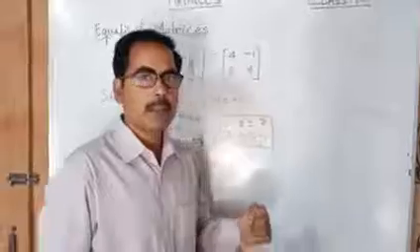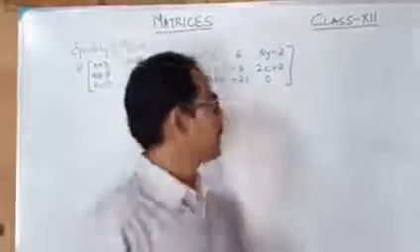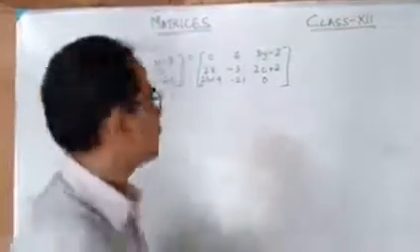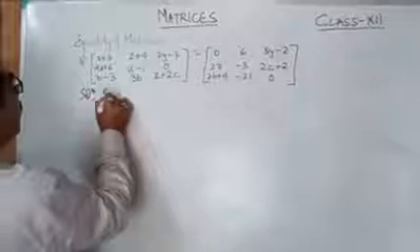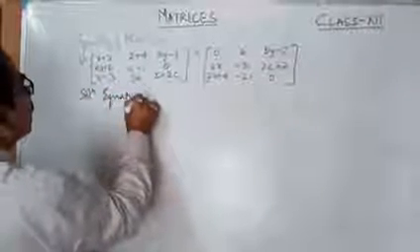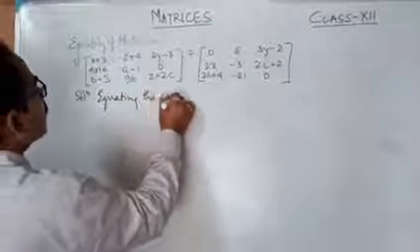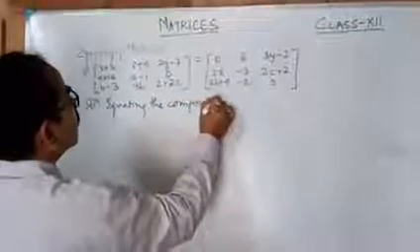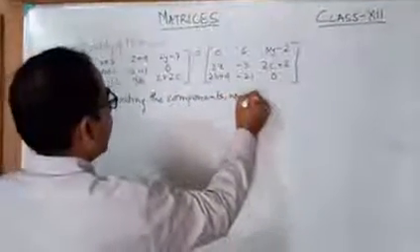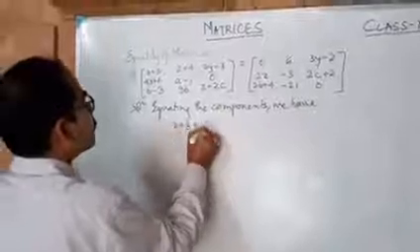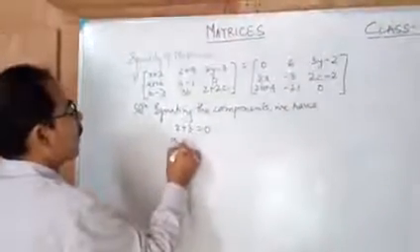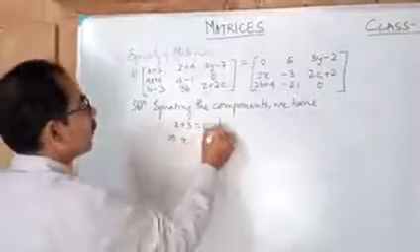Okay students? Next I have taken one 3 by 3 matrix. Look here. When we proceed, we write equating the components, we have x plus 3 equals 0. From there we get x equals minus 3.